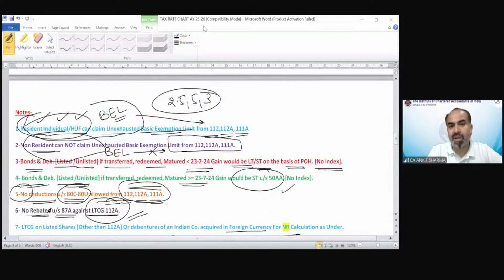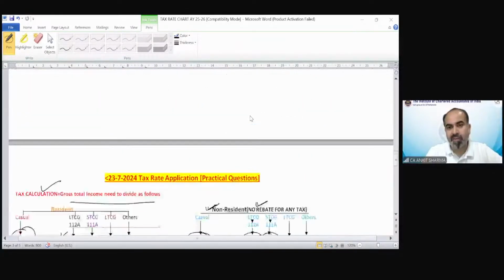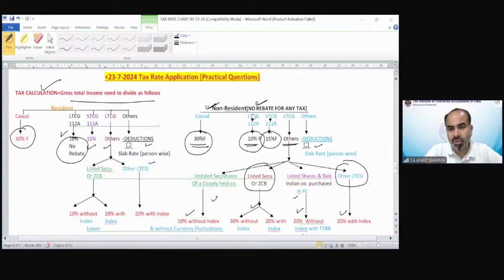A non-resident cannot claim the unexhausted exemption limit from 111A, from 112A, and from 112 also. This is also fixed, students. So only the non-resident can claim the basic exemption limit from this other category of income.